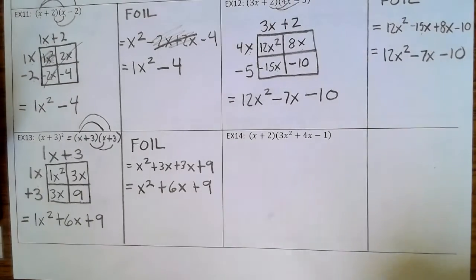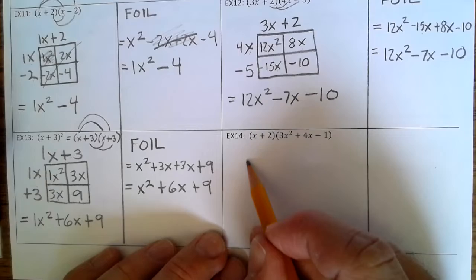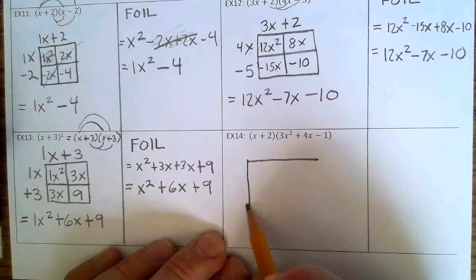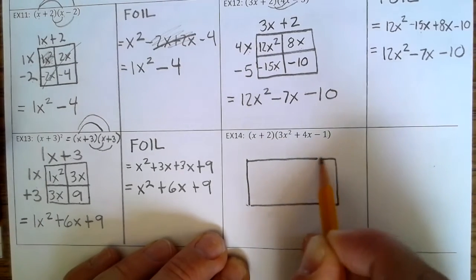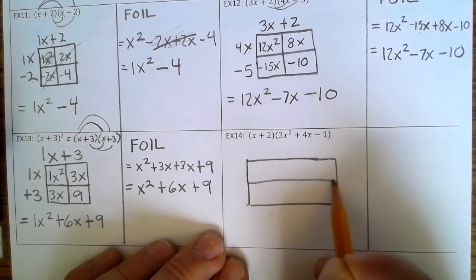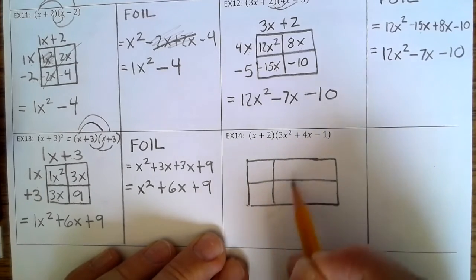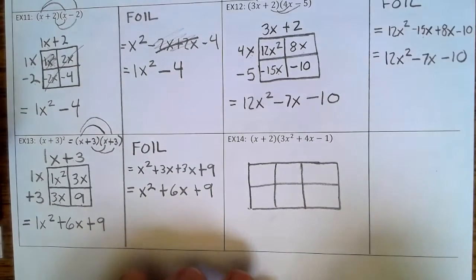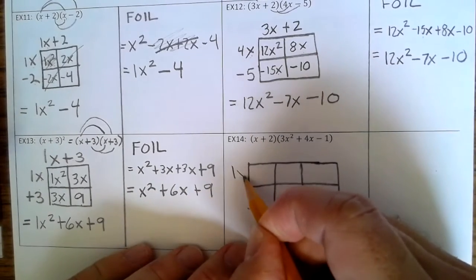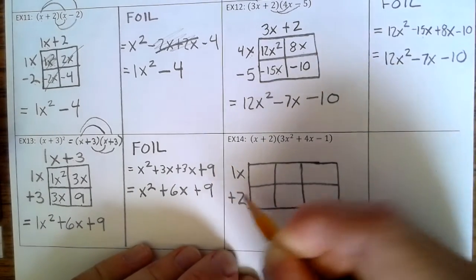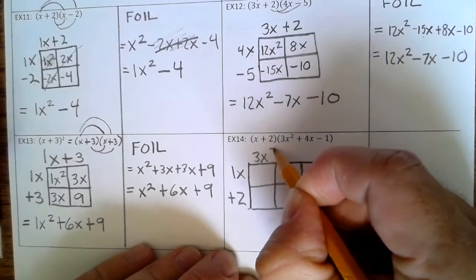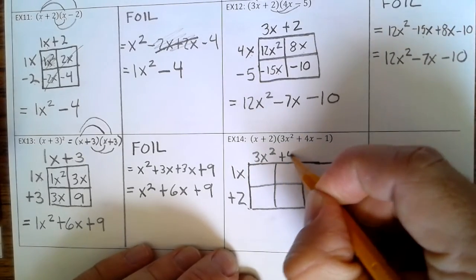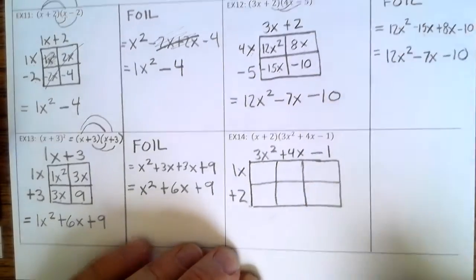So again, box on the left. Okay, so then that's 1x plus 2, 3x squared plus 4x minus 1.